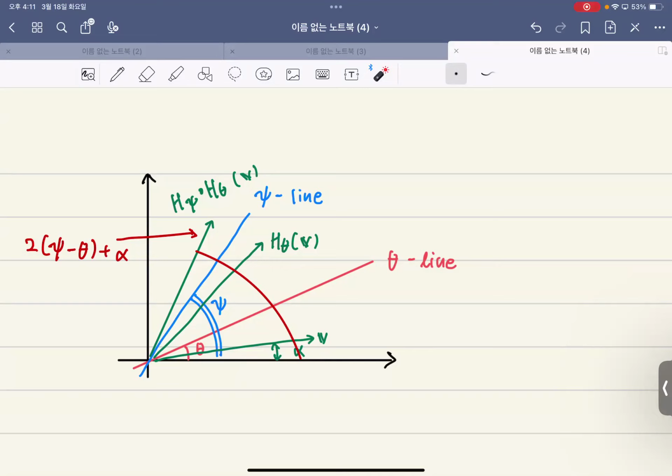But if you do not like this argument, then my second explanation is: why don't you just try to multiply the matrices of the two reflections?